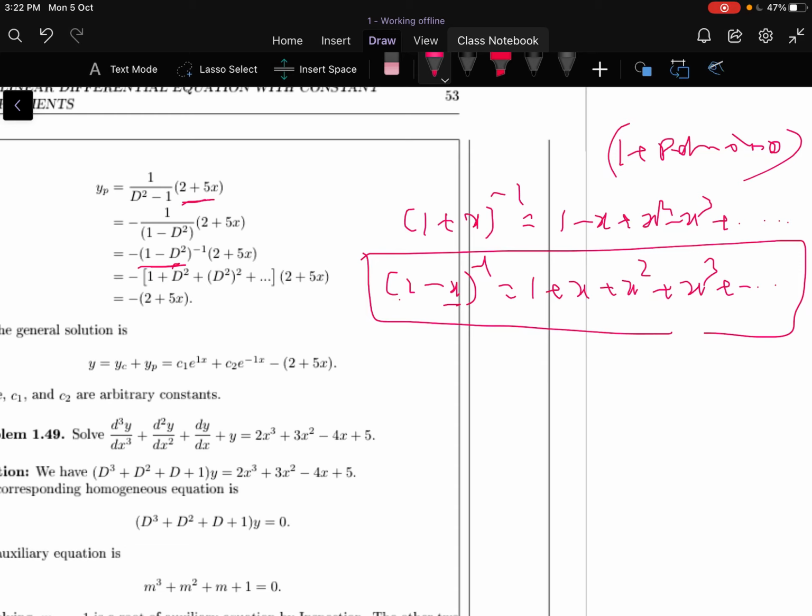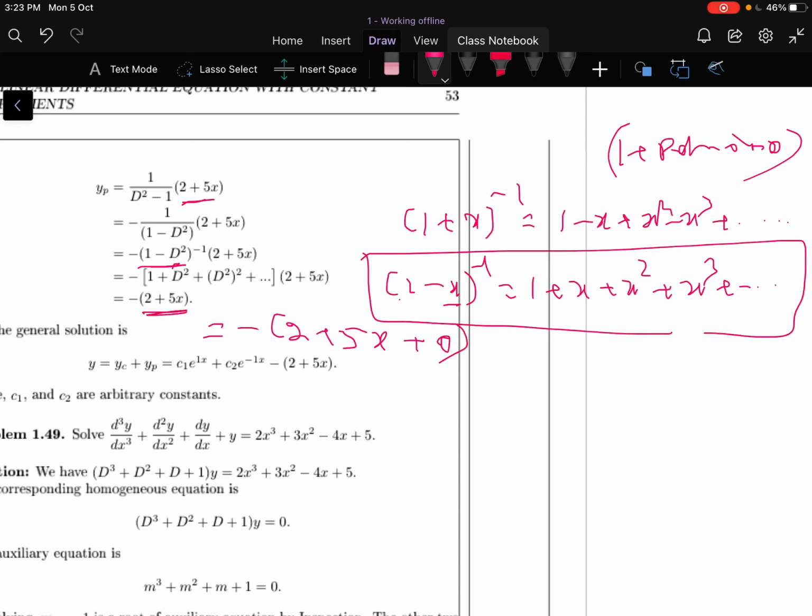So, taking minus common, 1 plus D square plus D square whole square and so on. You have to expand up to how many terms here? Actually, up to D square is enough. You can neglect second and higher order terms, because the degree of the polynomial is 1. So, taking 2 plus 5x inside the bracket, 1 into 2 plus 5x, that is minus of 2 plus 5x, plus the differentiation of 2 plus 5x two times, which becomes 0.